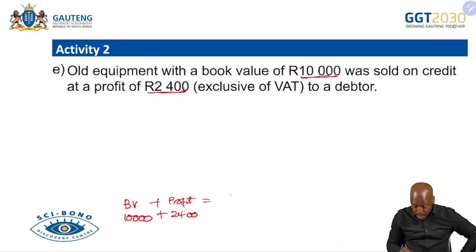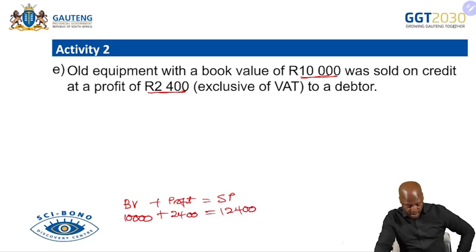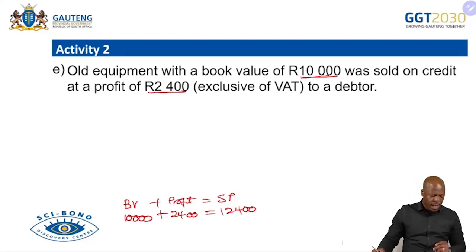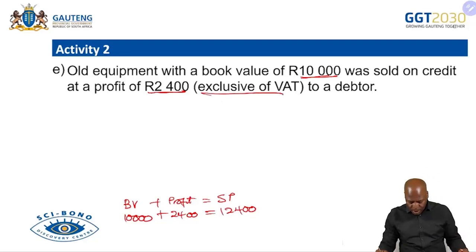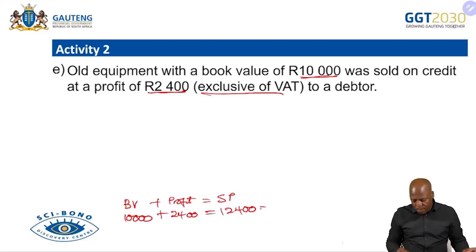That means my selling price was therefore 12,400. That is what I sold this old equipment for. The next question then is, was that 12,400 inclusive or exclusive? That is easy. The question tells us. Exclusive. So now I know I have 12,400 and that it is exclusive.